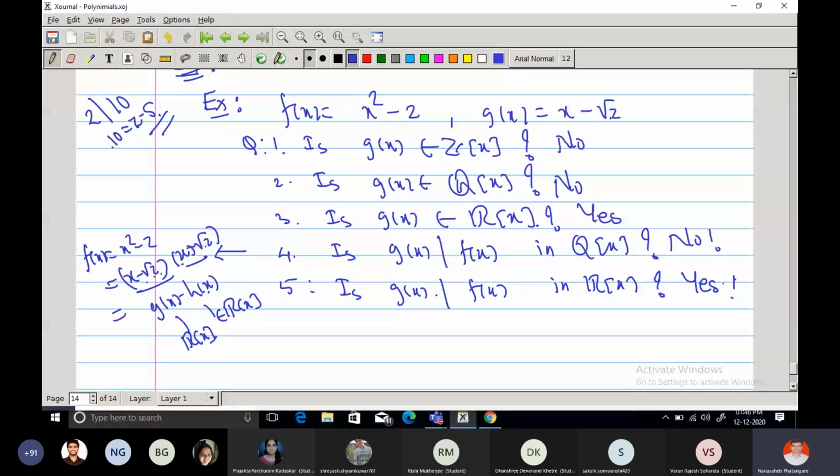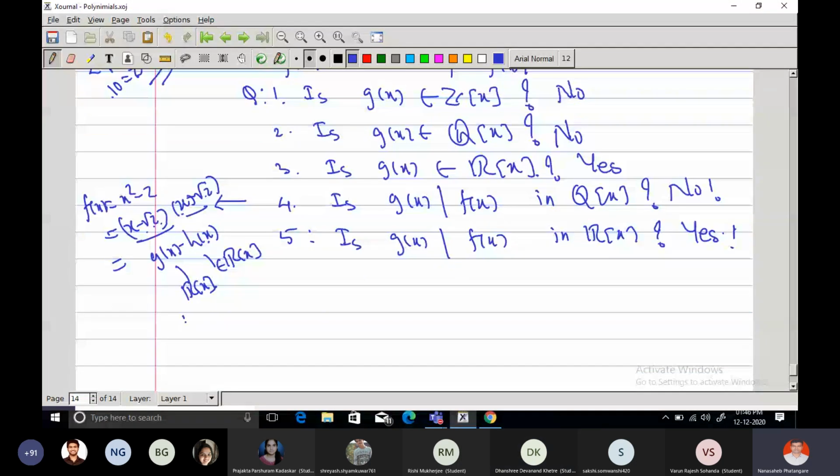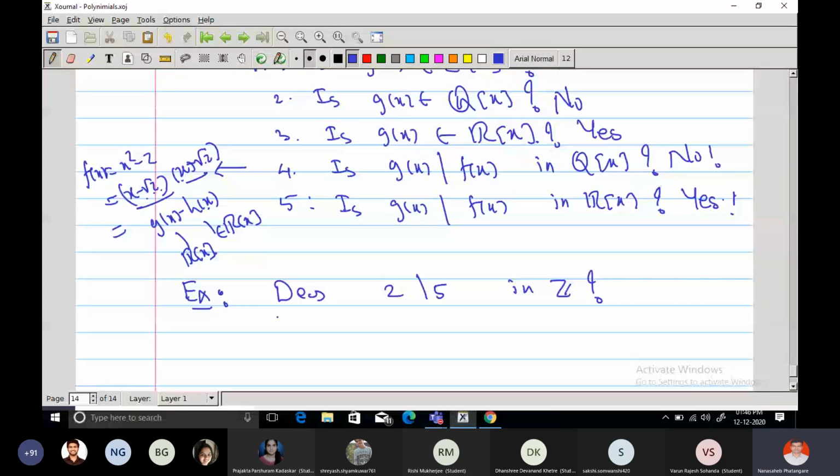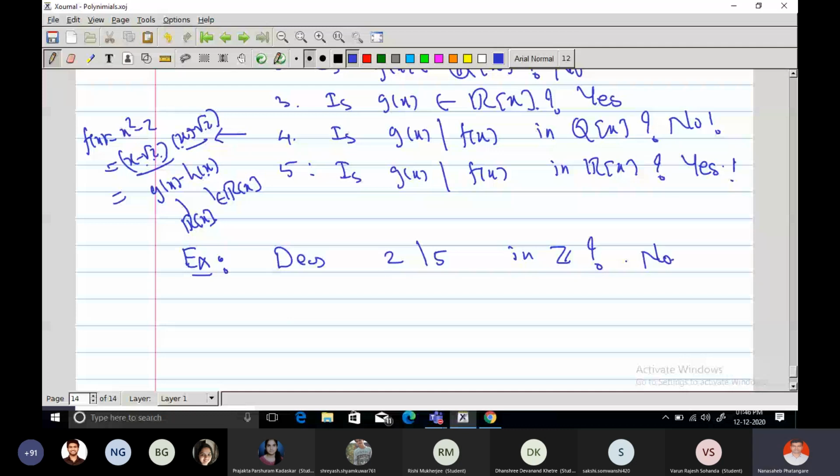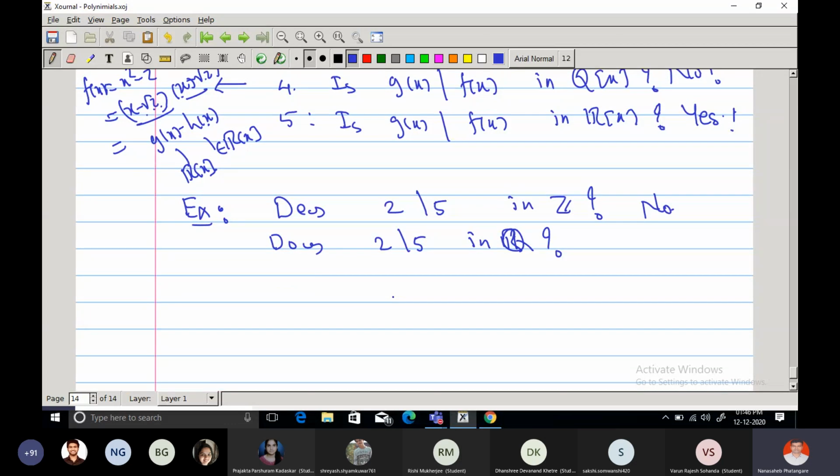No. Does 2 divide 5 in Q? Yes, by the definition of divisibility, if there exists some c in Q such that 5 is equal to 2 times c.